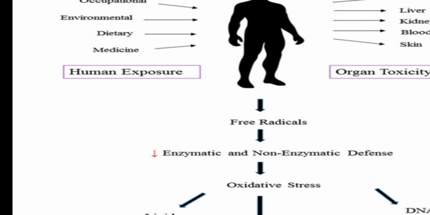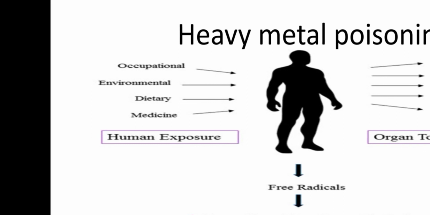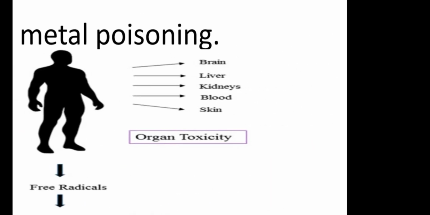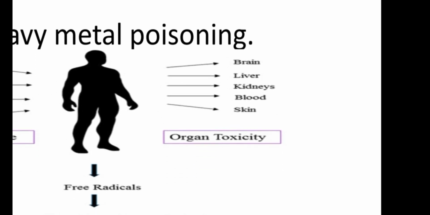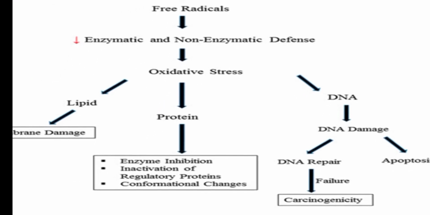How does heavy metal poisoning affect the body? Exposure occurs due to occupational, environmental, dietary, or medicinal sources. This exposure affects the brain, liver, kidney, blood, and skin. Free radicals, enzymatic and non-enzymatic defense, oxidative stress, lipid and protein damage, DNA damage, DNA repair, apoptosis failure, carcinogenicity.